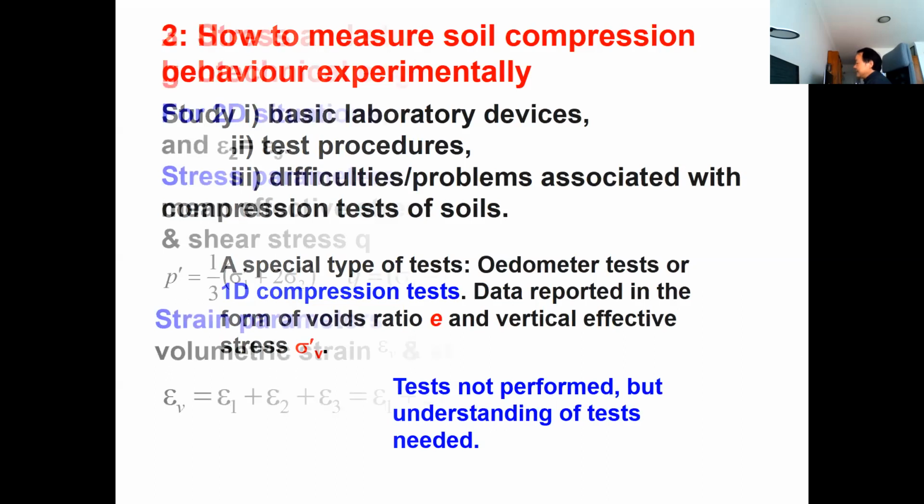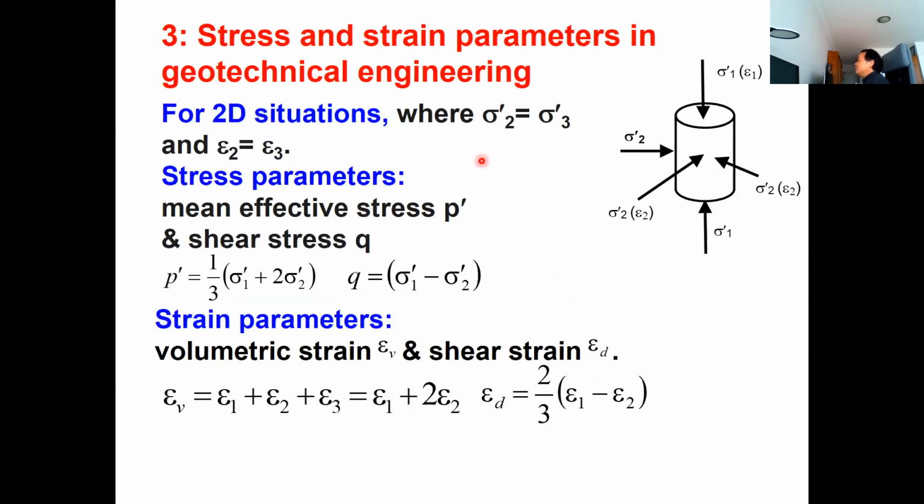Okay, now you are going to do your thesis in the geotechnical engineering aspect. So you need to know the stress and strain parameters used in geotechnical engineering practice. We use the stress parameters as the mean effective stress and shear stress.